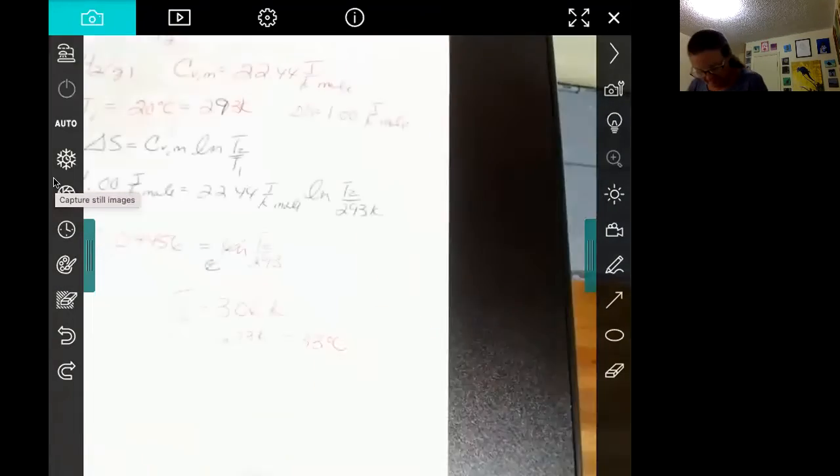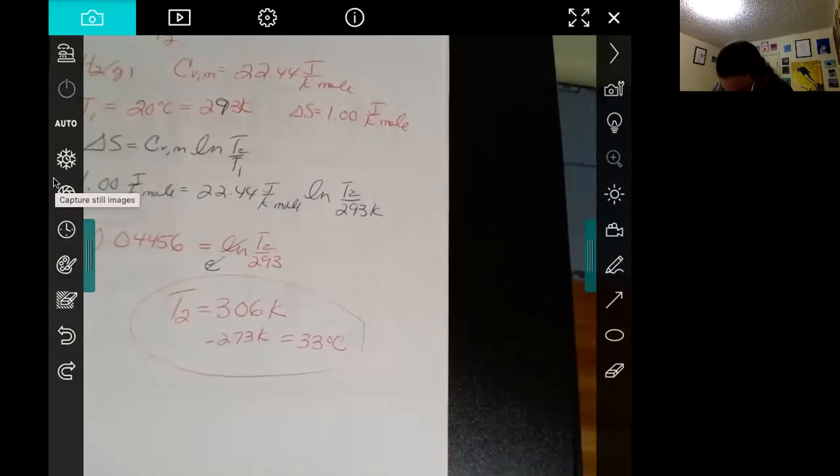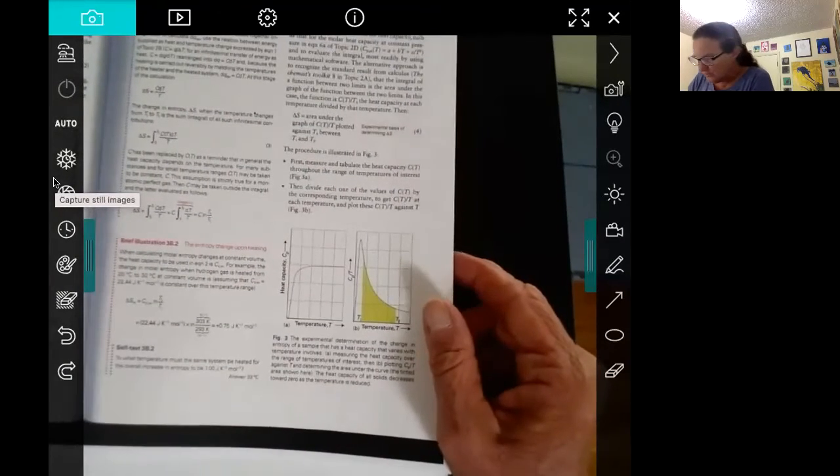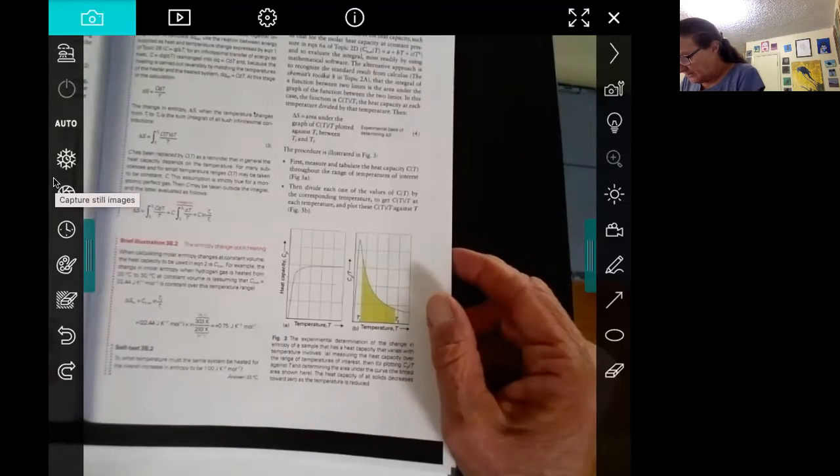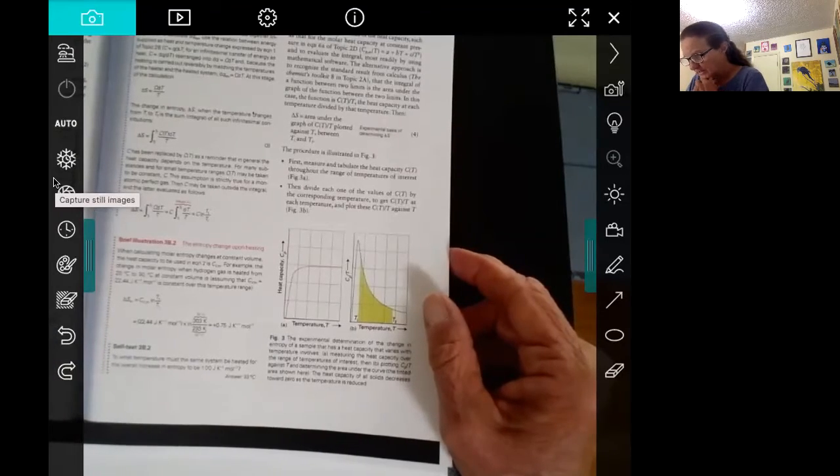So let's look at the next self-test, 3B.2 on page 95. To what temperature must the same system be heated for the overall increase in entropy to be 1 joule per K mole?